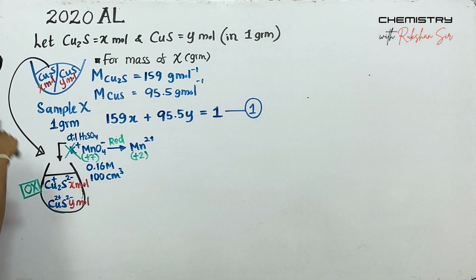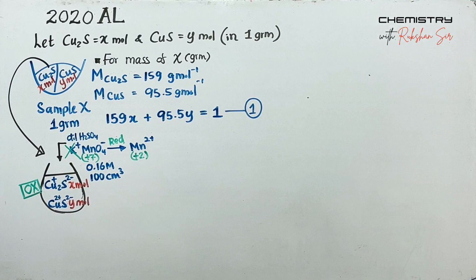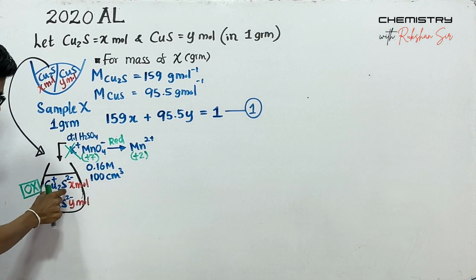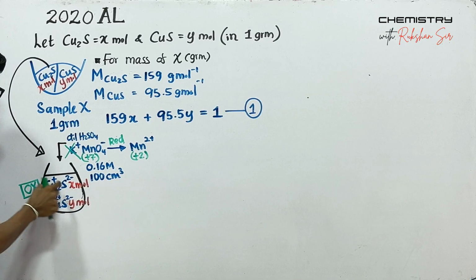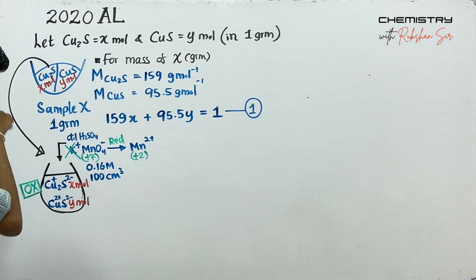That means this one will oxidize to copper 2 plus while this one will oxidize to SO4 2 minus, as the question says. So both of these ions in your salt Cu2S will get oxidized when MnO4 minus is added.